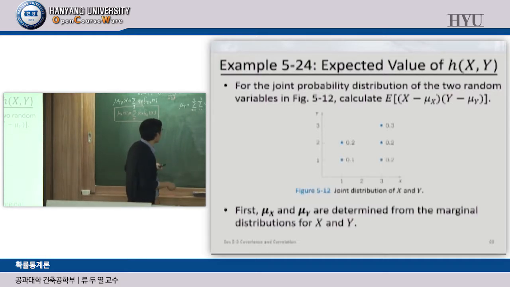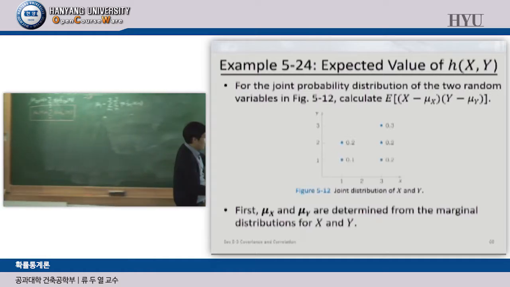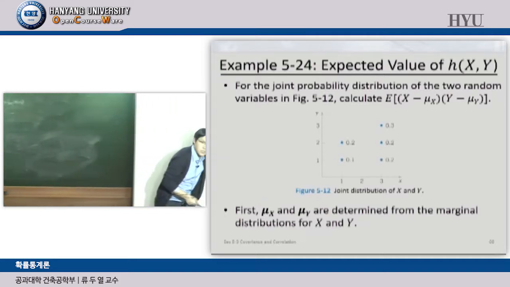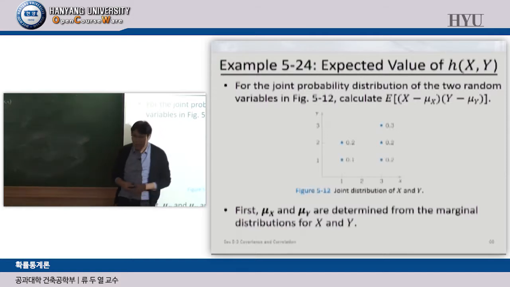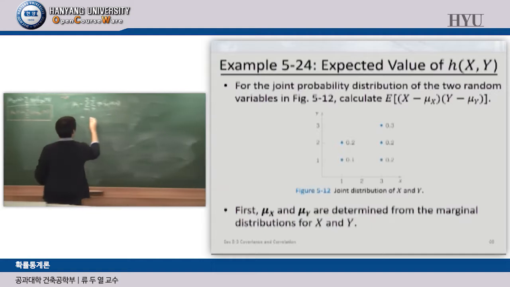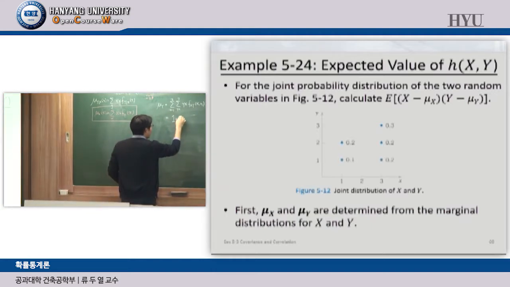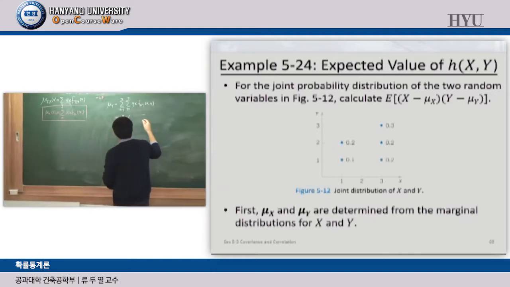This is the identical formulation. When y is equal to 1, we have two options here: the first one is 0.1, when x is equal to 1, and the second one is 0.2, when x is equal to 3. So when y is equal to 1, we have two probabilities, that is 0.1 plus 0.2.